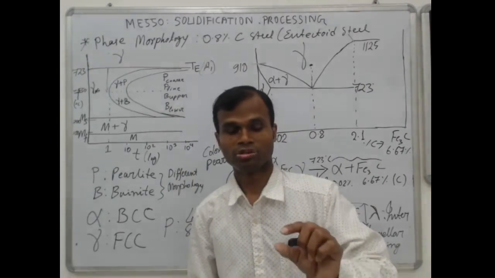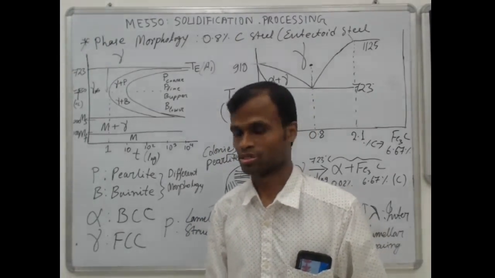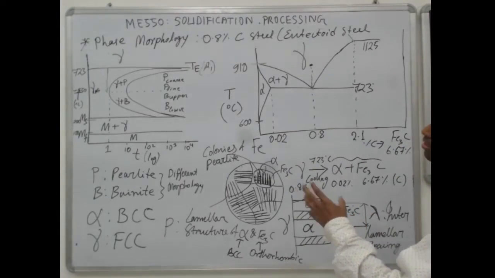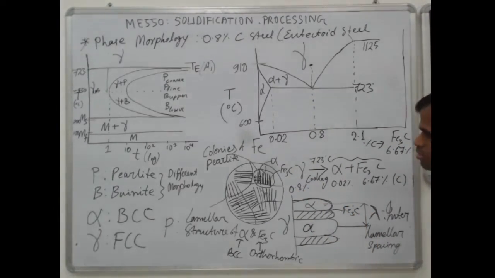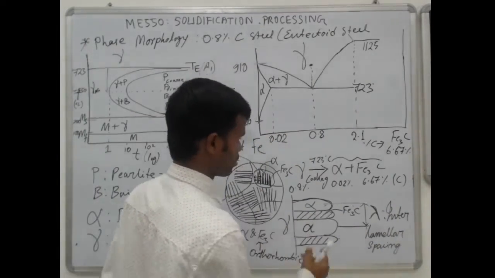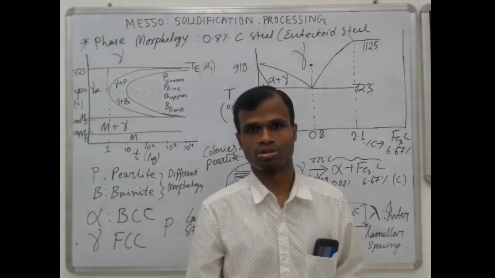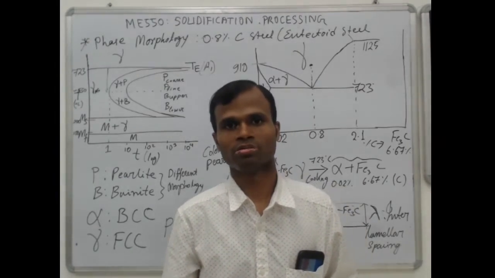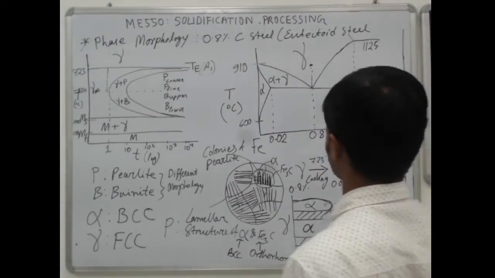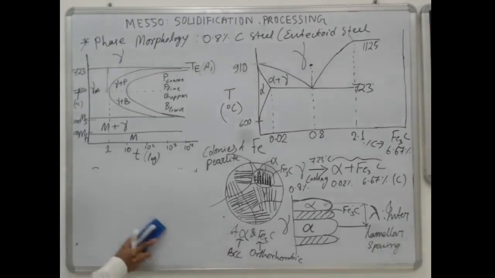As a result, you end up getting coarse and fine pearlites. So the strength and other properties also vary, because when you have coarse pearlite you have less boundary, so definitely the strength will vary. Now let us see in detail how this nucleation occurs.